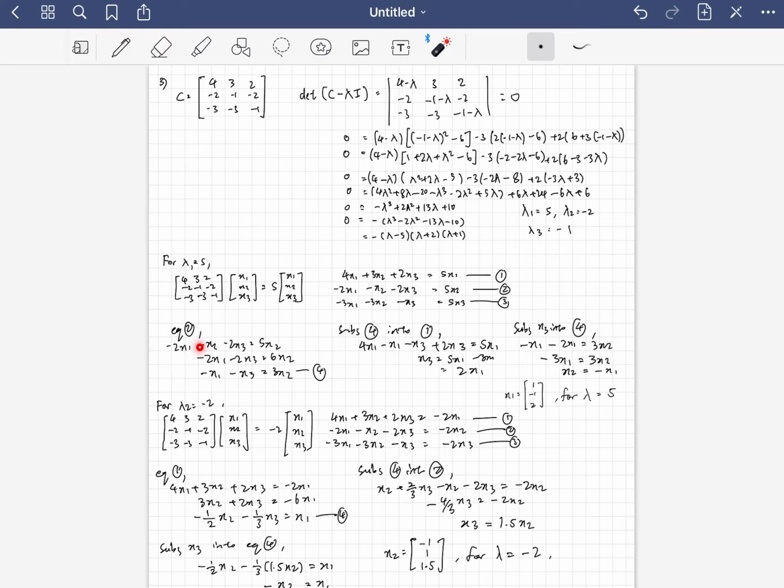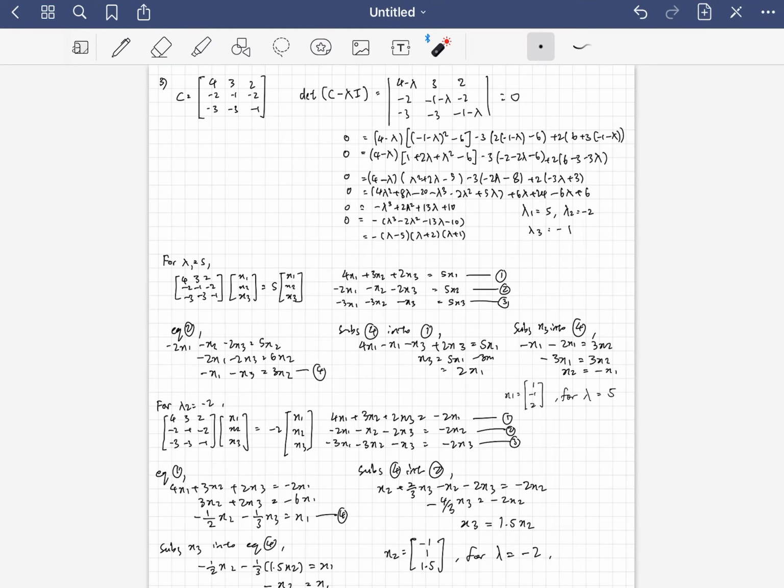From equation number 2, I rewrite the equation to get equation number 4, which is negative x1 minus x3 equals 3x2. Then I substitute equation 4 into equation number 1: 4x1 minus x1 minus x3 plus 2x3 equals 5x1, so x3 equals 5x1 minus 3x1, which is 2x1.